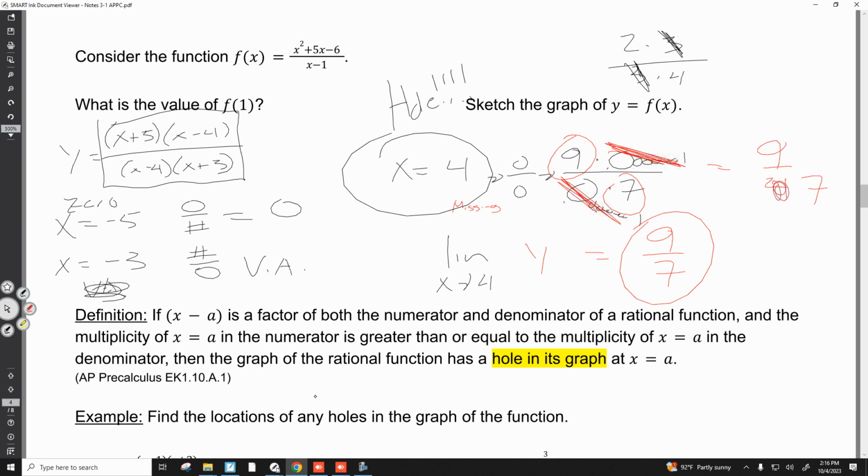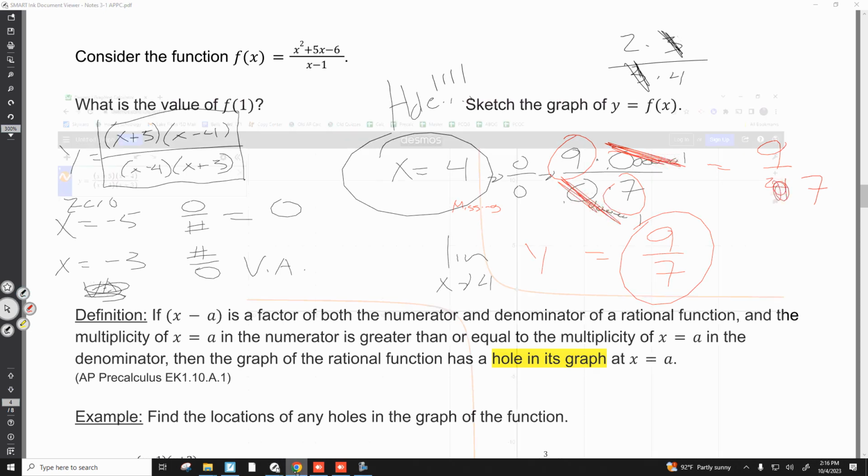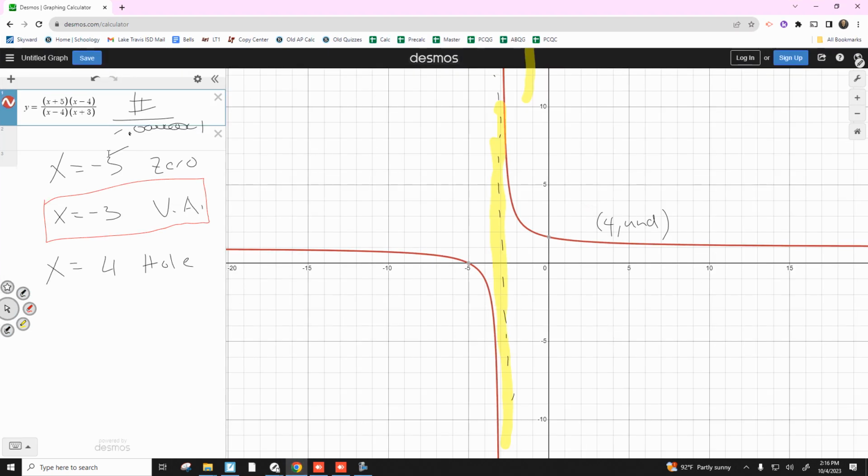Let me show you on the graph. I could type in (4, 9/7), and it's going to be right on top of my graph, right at that correct spot. Four, 9/7. Boom. It's right there.